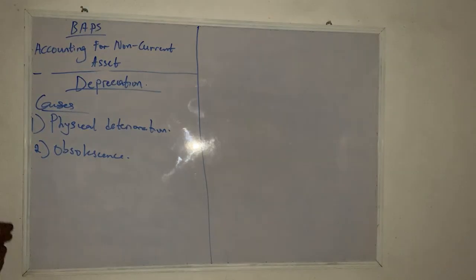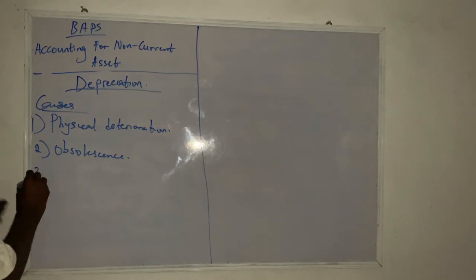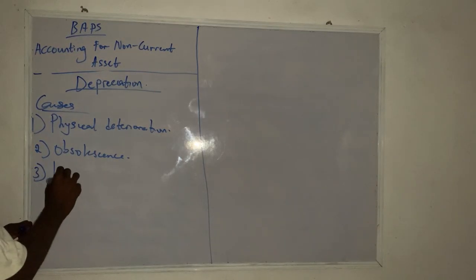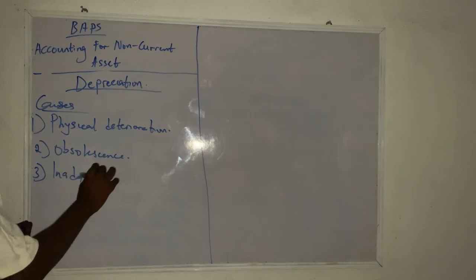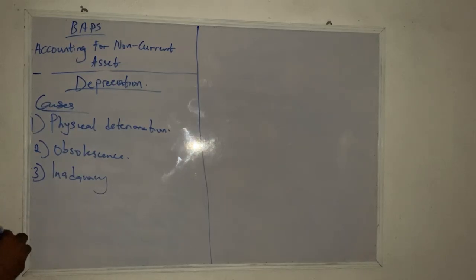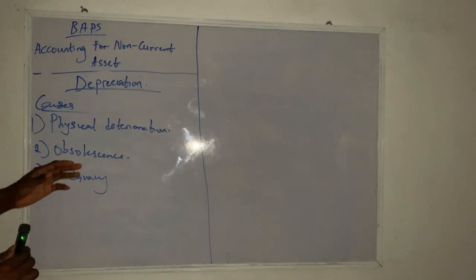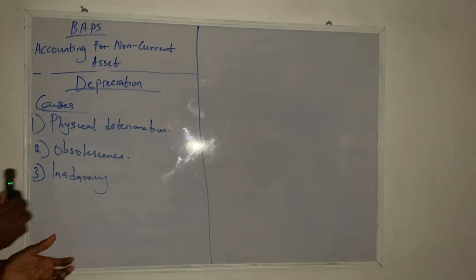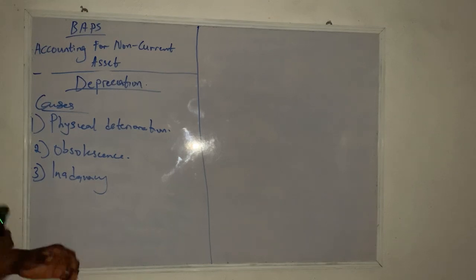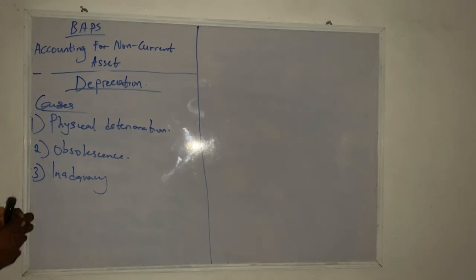You understand? Another thing is inadequacy. Similar to obsolescence, but in the sense that it can't meet up with the task at hand anymore. You understand? So that's what they mean by inadequacy. Then we also have depletion.